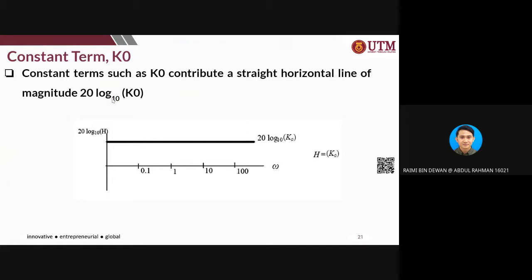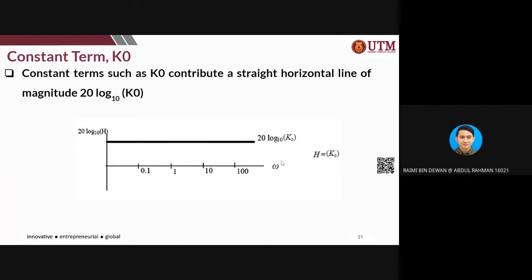Because it's just a straight line, let's say you put K naught as 0.5. So 20 log 0.5, you would have negative 6, which is down below. And let's say you have 20 log 2, you have 6, which is here. So they are just straight lines over the entire frequency range.